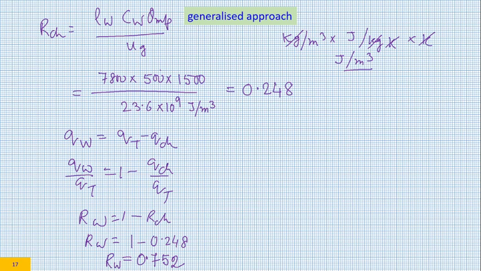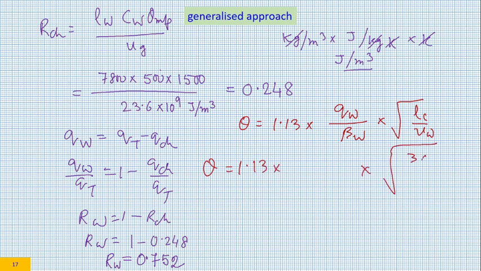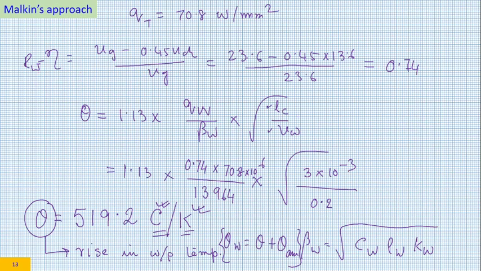So the expression that we have derived from Jaeger's solution is this. Beta W we have calculated earlier, which was 13964.